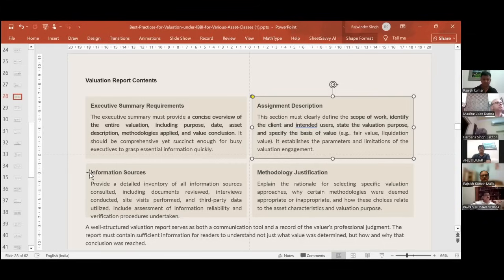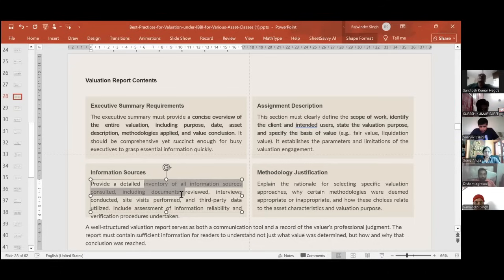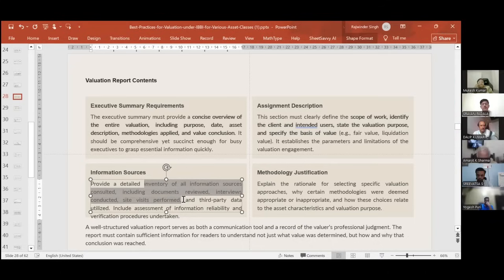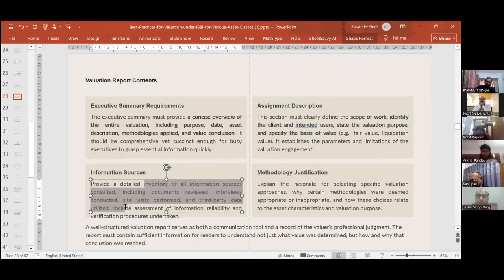And then in the information sources part, you should provide a detailed inventory of all the information sources consulted, including documents reviewed, interviews conducted, site visits permitted, and third-party data utilized.